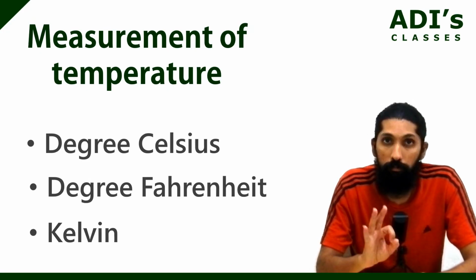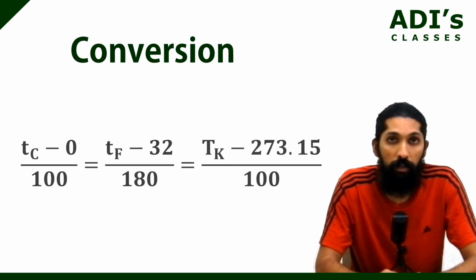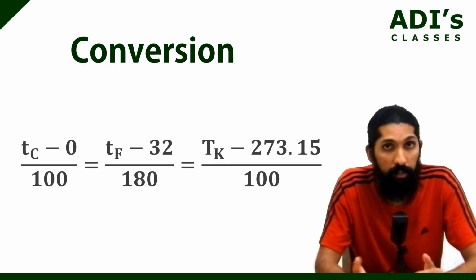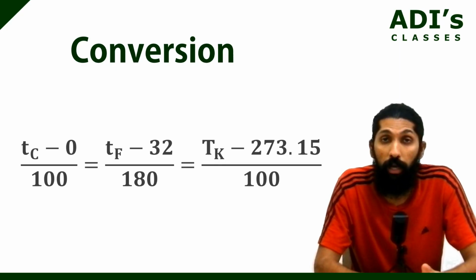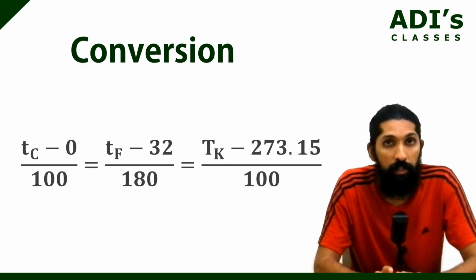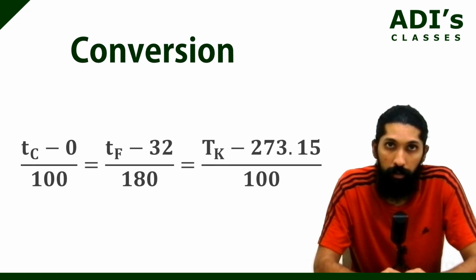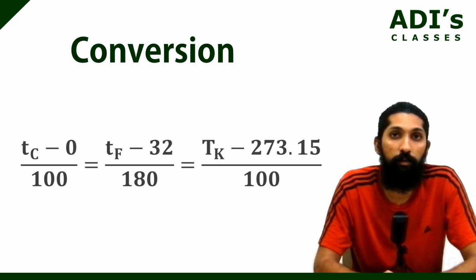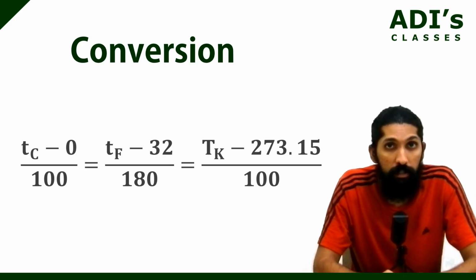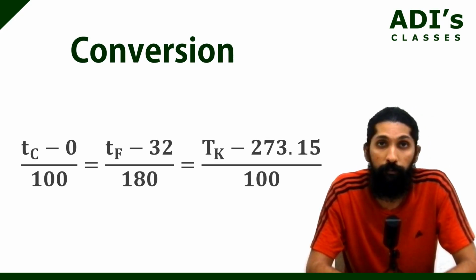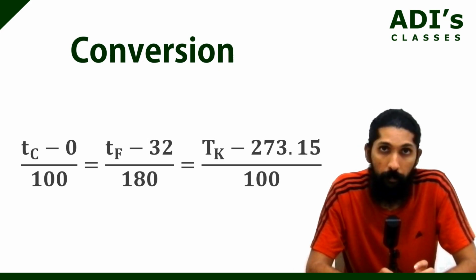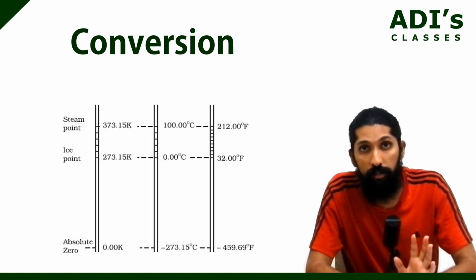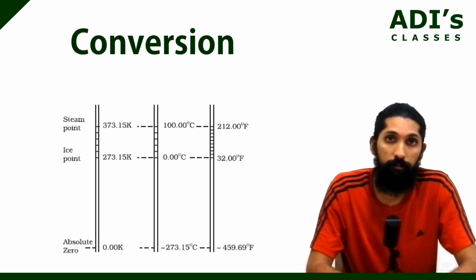Now, three temperature scales: Kelvin, degree Celsius, and degree Fahrenheit. First we'll see the conversion part. We have (Tc minus 0) divided by 100 is equal to (Tf minus 32) by 180 is equal to (Tk minus 273.15) divided by 100. These are the three temperature scales, and look at this figure.